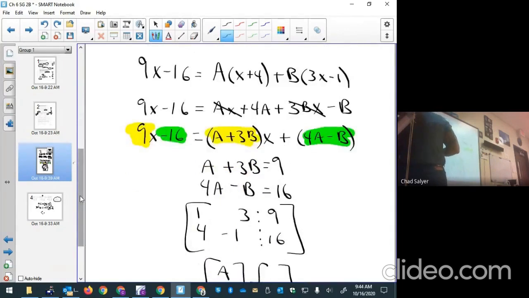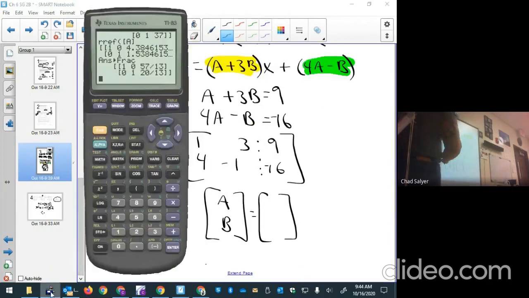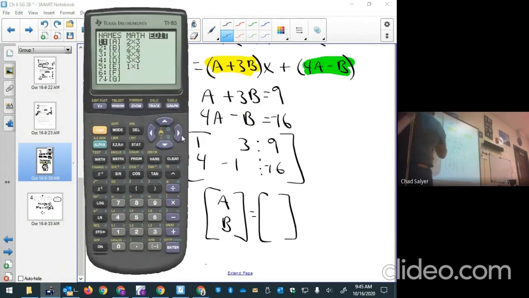Plus 4A, Bx minus B. Okay, now, negative 16. Okay, that was my big one. Let's fix it. That's probably something good for you to see because you'll run into something similar, I'm sure. That should be negative 16.